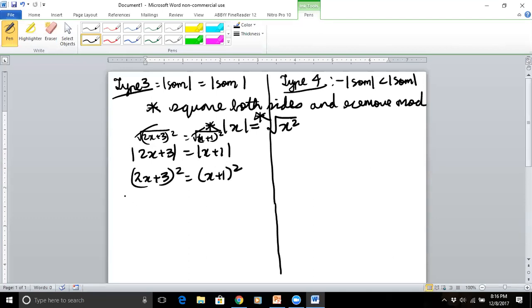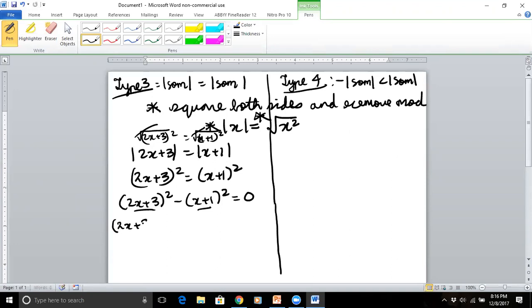This would be a quadratic equation. So 2x plus 3 whole square minus x plus 1 whole square is equal to 0. I'm not going to split open this square and then rearrange the terms and then solve the quadratic. I'm just taking the right hand side to the left hand side, and I'm using a square minus b square. Now a square minus b square is a plus b into a minus b.